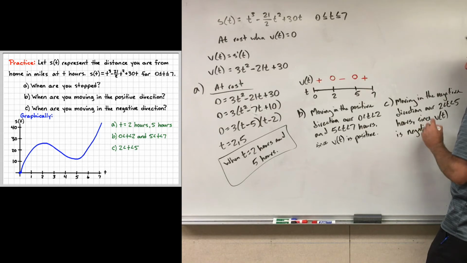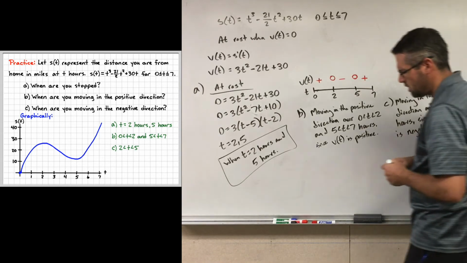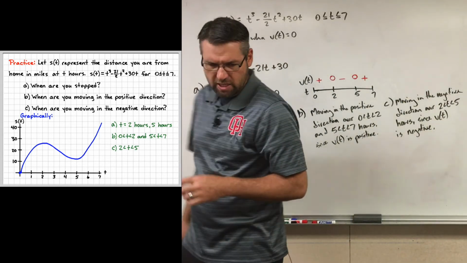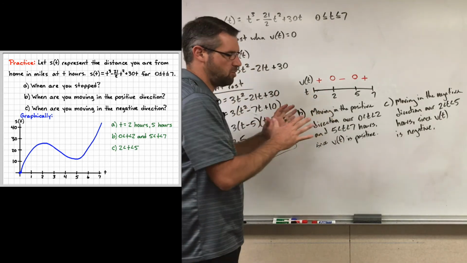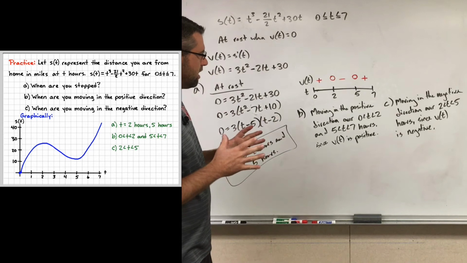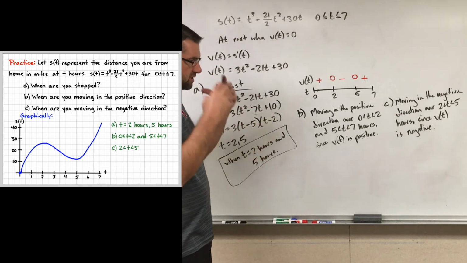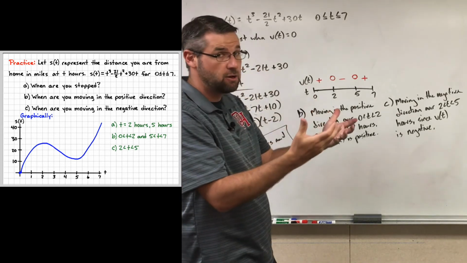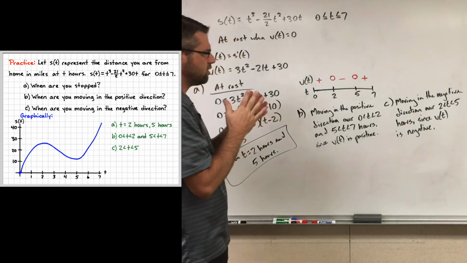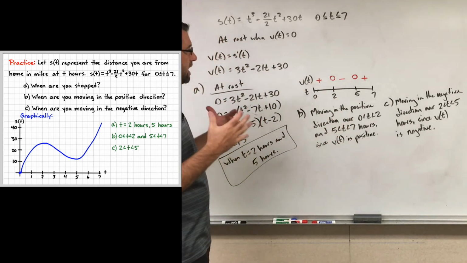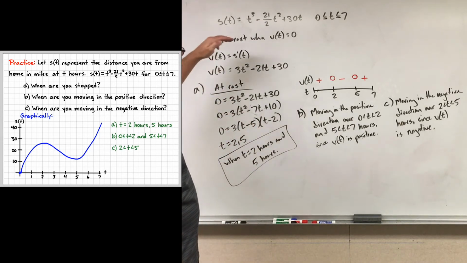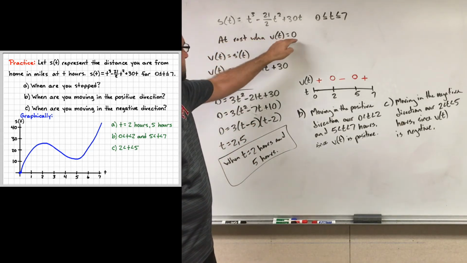Okay? So this is going to be a huge connection, a huge application of calculus as we move forward. And it's not just particle motion, but particle motion gives us a context that we can apply calculus to so that we can have a good understanding of it before we jump into more applications. But the bottom line is, how do we know when we're at rest? We know we're at rest when velocity is equal to 0.